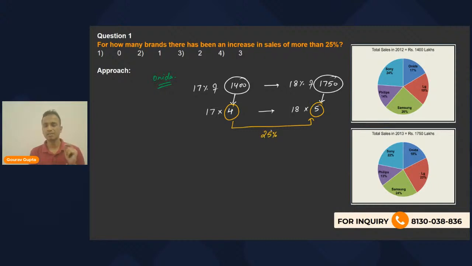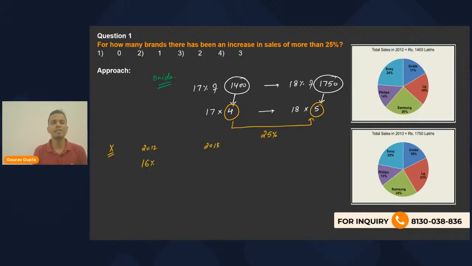I'll repeat, the percentage change in the total sales value is 25%. Okay, so it can be said that if the percentage share of any brand remains the same in both the years, let's say there is a brand X whose percentage share in 2012 is, let's say, 16% in 2012.